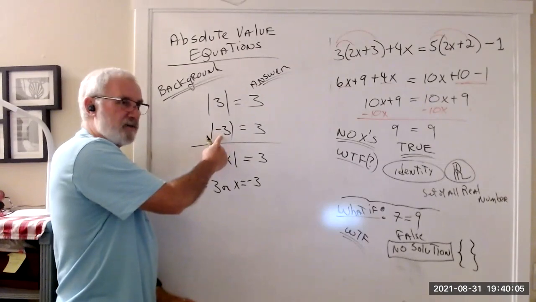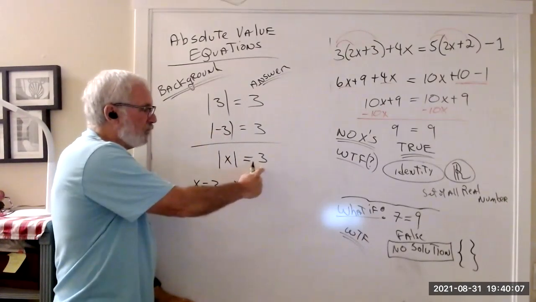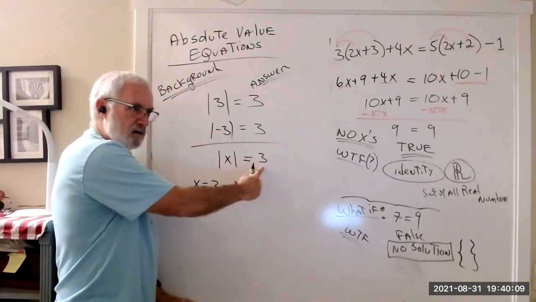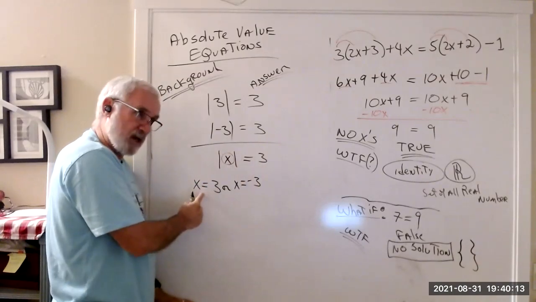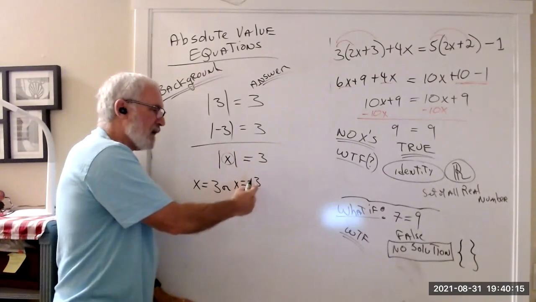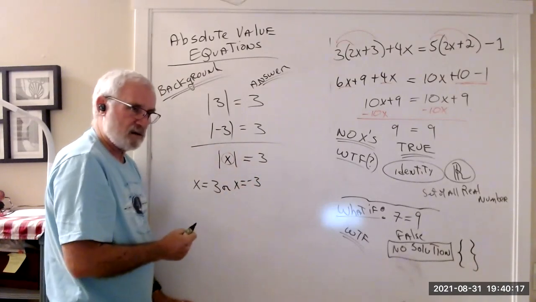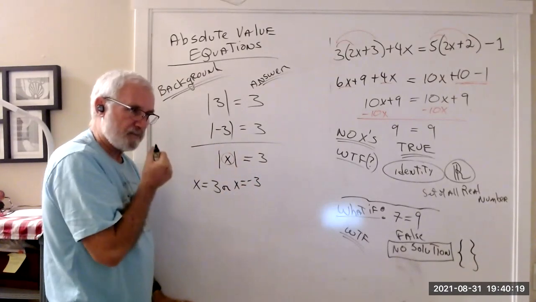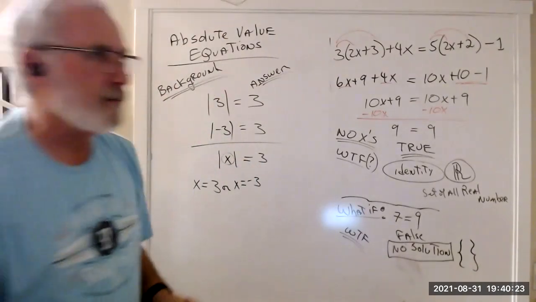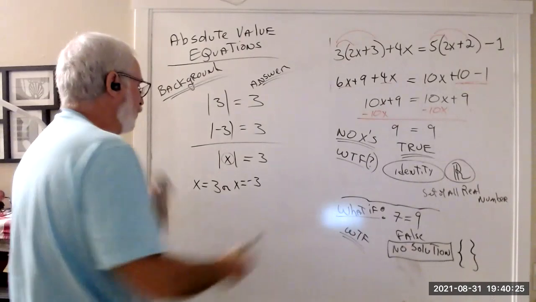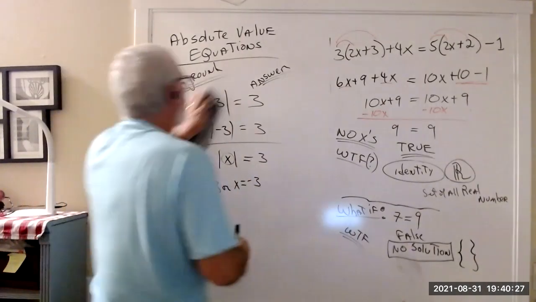If the answer was 3, then x might have been 3, or it might have been negative 3.